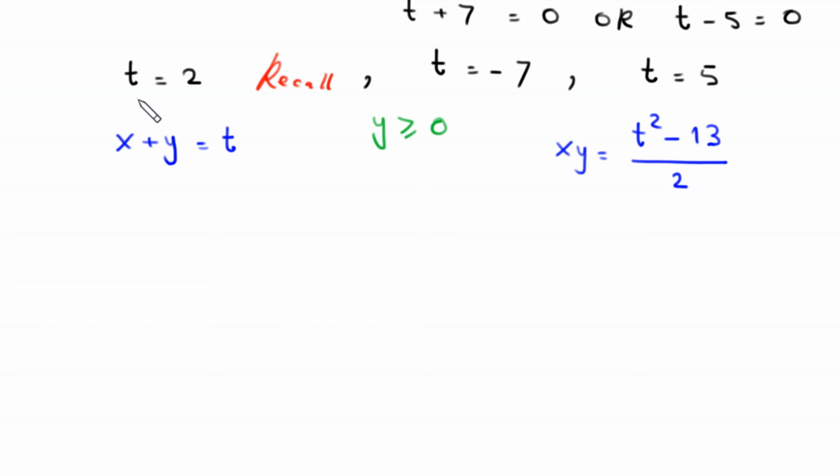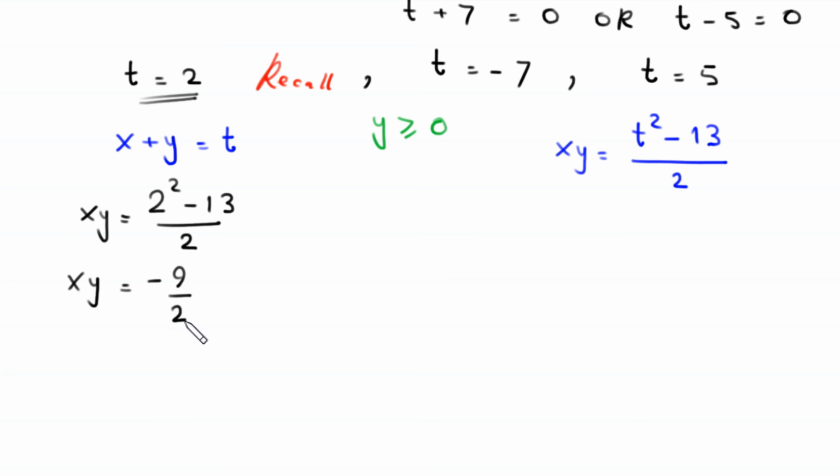When t is equal to 2, then we get the value of xy. X times y is equal to (2 squared minus 13) divided by 2, and x times y will be equal to negative 9 over 2, and this equation will become x plus y equal to 2.